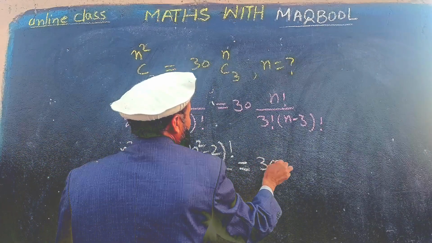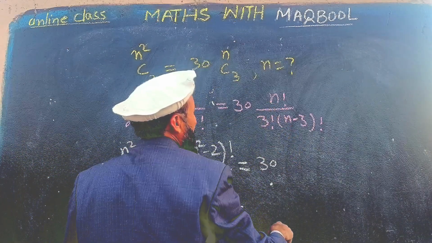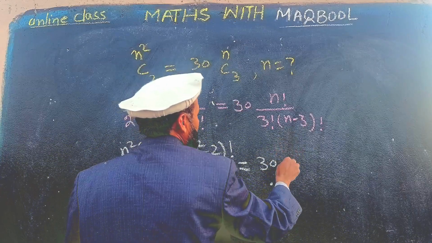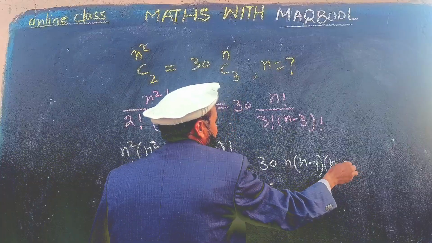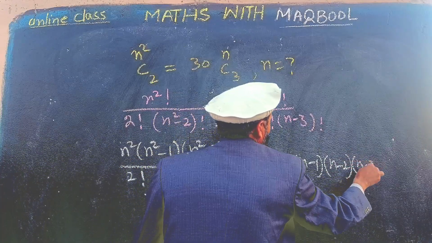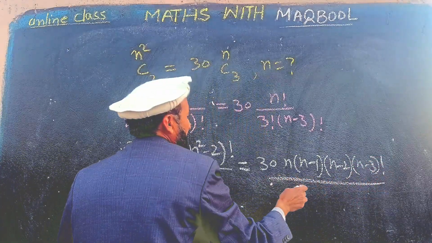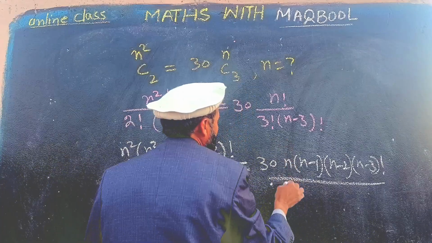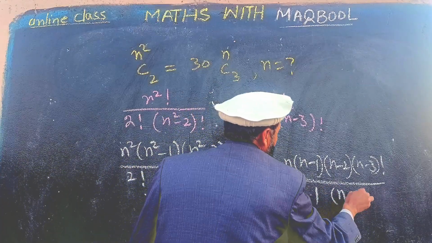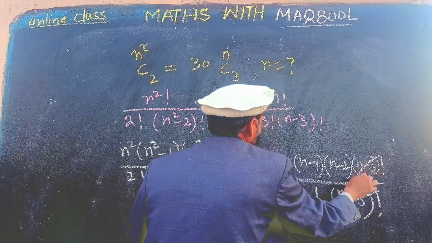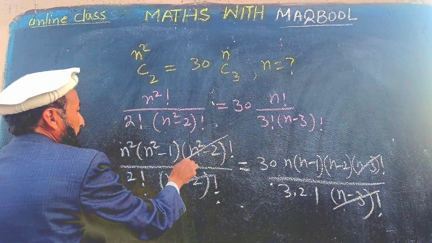Now expanding n factorial up to n minus 3: n times (n minus 1) times (n minus 2) times (n minus 3) factorial, and in the denominator 3 times 2 times 1 times (n minus 3) factorial. So this will be cancelled, and the other (n² minus 2) factorial is also cancelled.